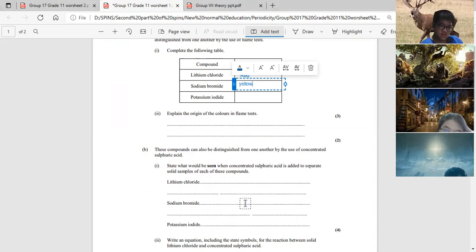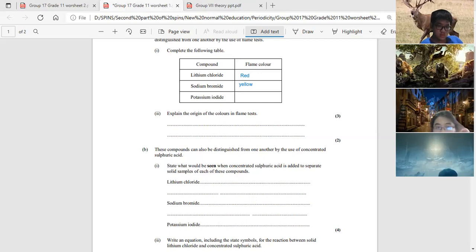Then for potassium it is purple or pink.